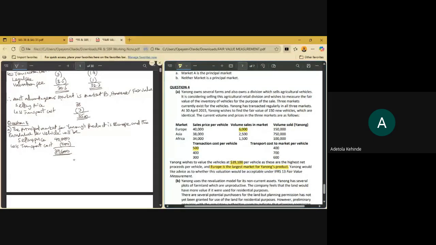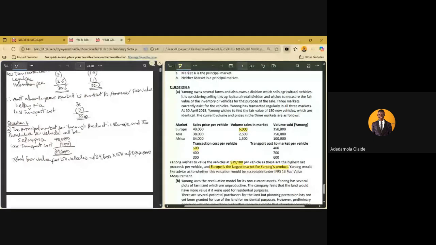So now they do the total fair value for the 150 vehicles. It will just be 39,600 per vehicle multiplied by 150. And that will give us 5 million, 940 thousand.